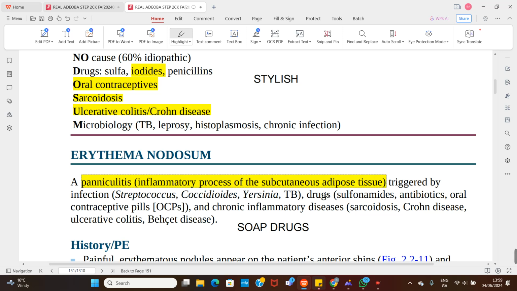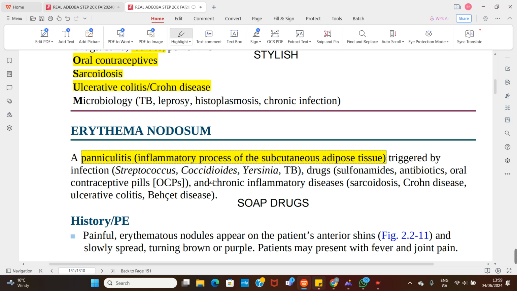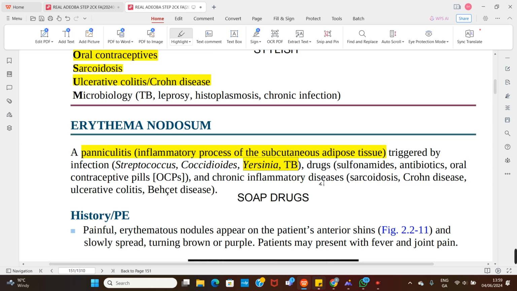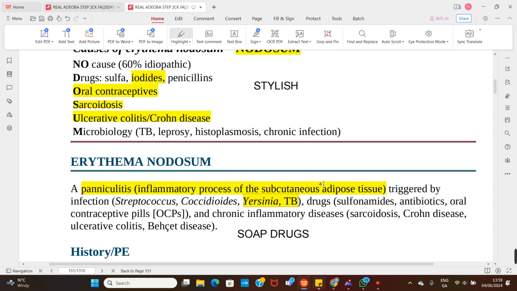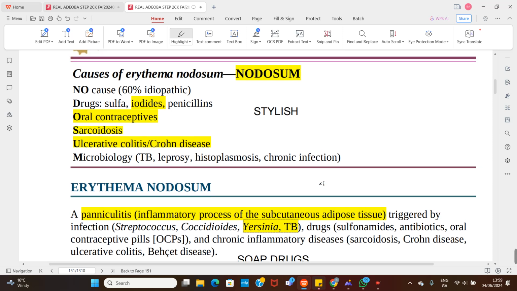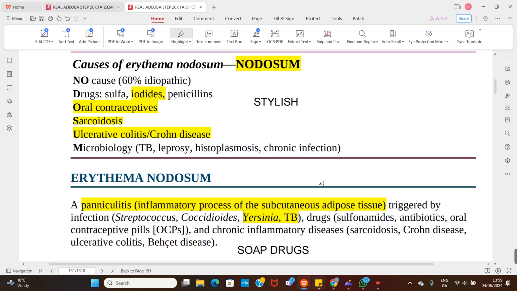So it can be triggered by infection, just like we have said in our STYLISH: strep, the TB, the Y for the Yersinia, then the C for the coccidioidomycosis. Then drugs can also trigger it: sulfonamides, OCPs, antibiotics like penicillin, right?